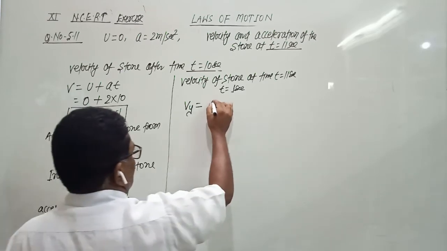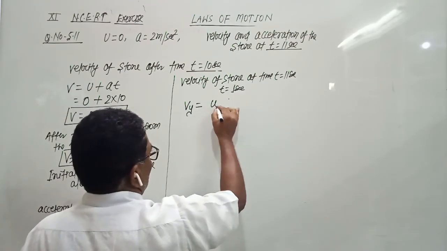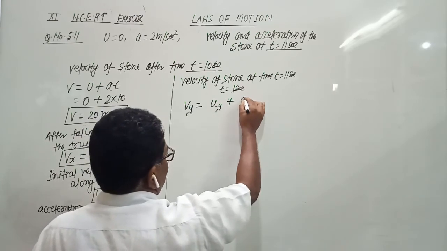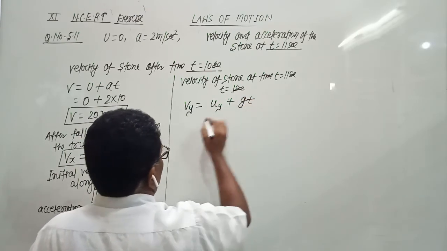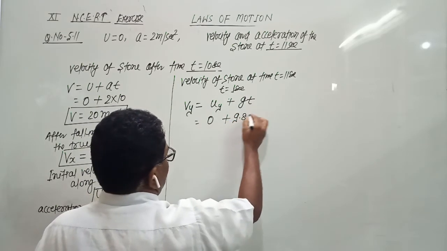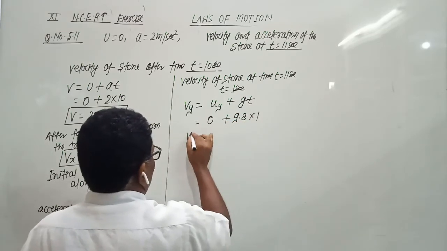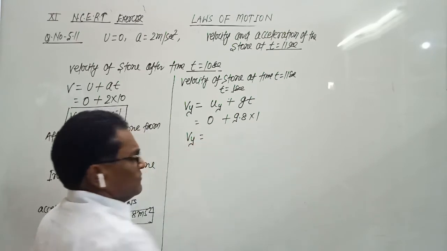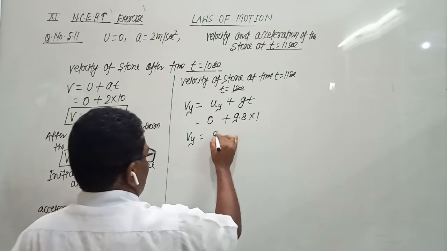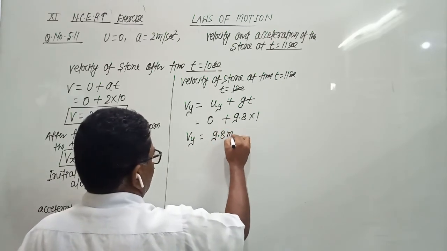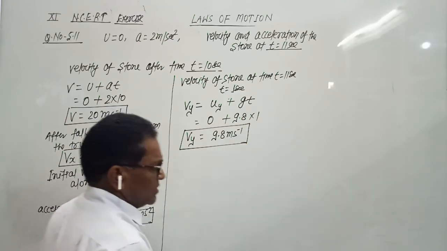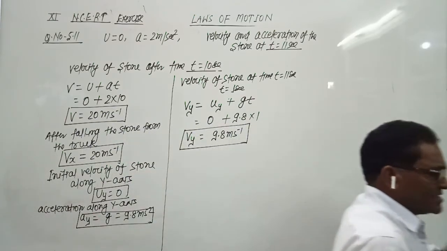So Vy equals Uy plus at, where a is the acceleration due to gravity, so gt. Uy is 0, g is 9.8, and the time interval is 1. So the final vertical component of velocity of the stone is Vy equals 9.8 meter per second.